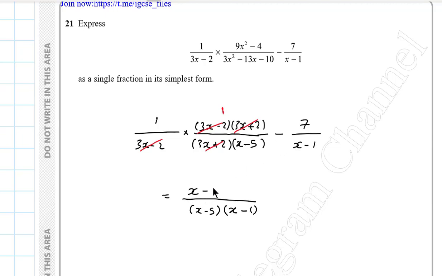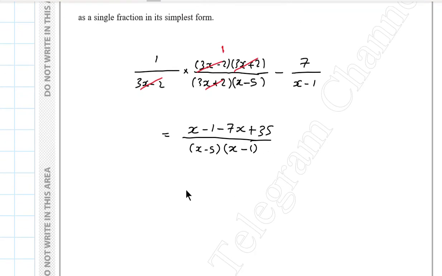1 times x minus 1, which is x minus 1, and then negative 7 times x, which is negative 7x, and negative 7 times negative 5, which is positive 35. So the answer will be 34 minus 6x, divided by these brackets, x minus 5 multiplied by x minus 1.